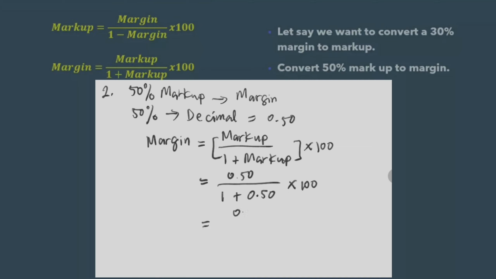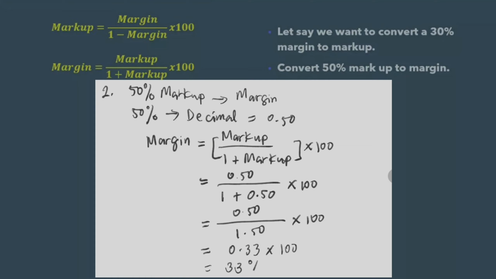Okay, so copy 0.50 and then add the denominator. We have 1.50 times 100. Dividing 0.50 by 1.50, we have 0.33 times 100, which is equal to 33%. That is our margin. So that's it.